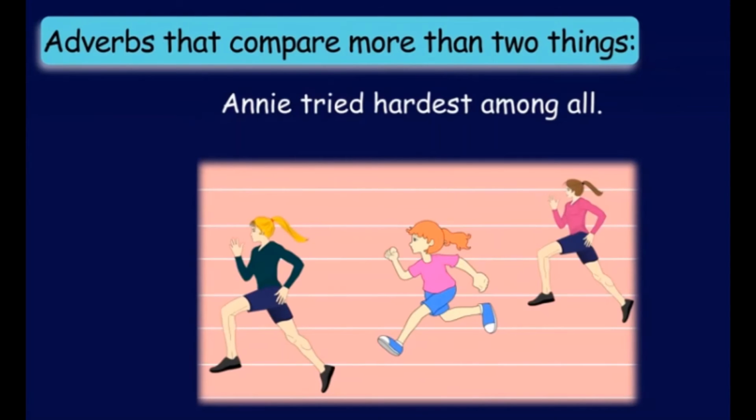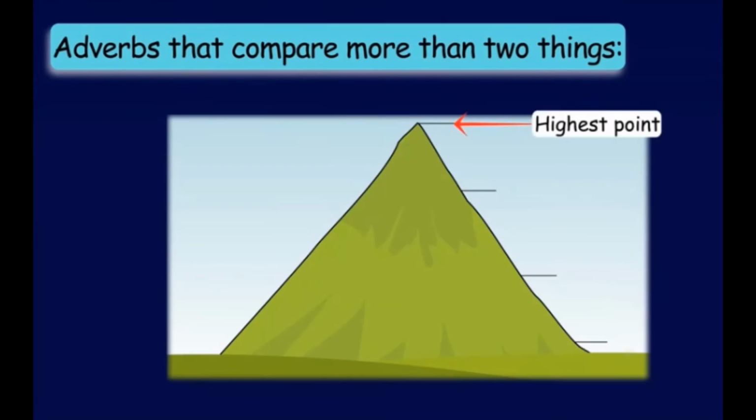So again, see over here, est is added at the end, and it is the superlative degree among all three girls. So hard will become hardest. Hard is the word, then harder, then hardest. Same example we have over here, the superlative degree of comparison between more than two things.